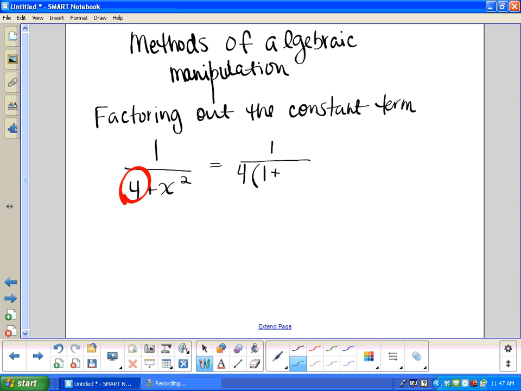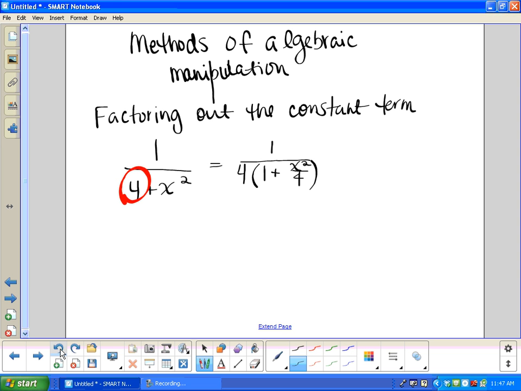But when we factor something out, what we're really doing is just dividing everything by 4. So we get x squared over 4 there. And you can always check this just by distributing back through. There you get 4. Here the 4's would cancel on the second term and you'd get x squared. So we end up with what we started with.